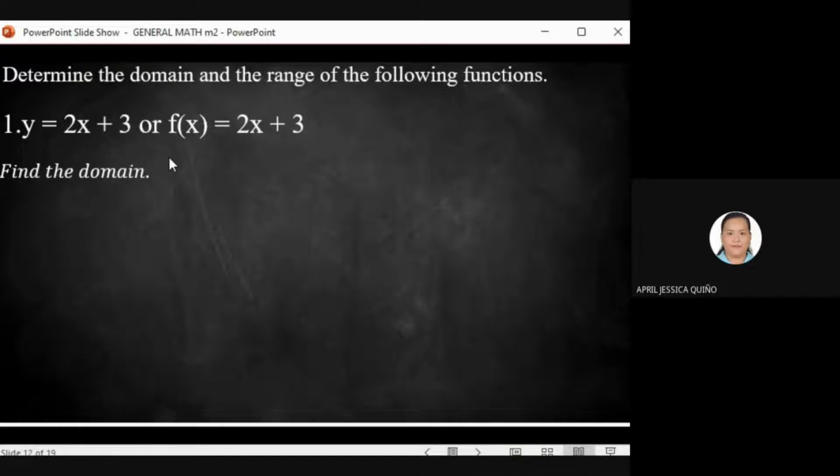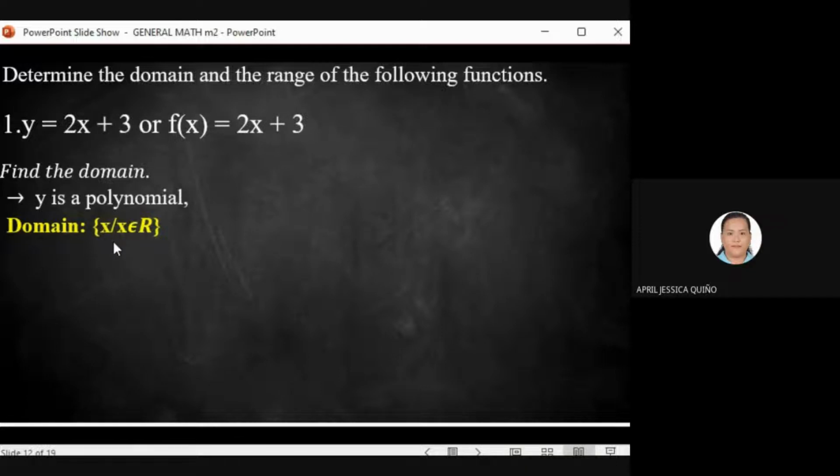Let us find the domain. As we can see here, y is a polynomial. Since y is a polynomial and wala naman siyang negative exponent, we could already tell that ang value ng domain natin ay x such that x are elements of real numbers.